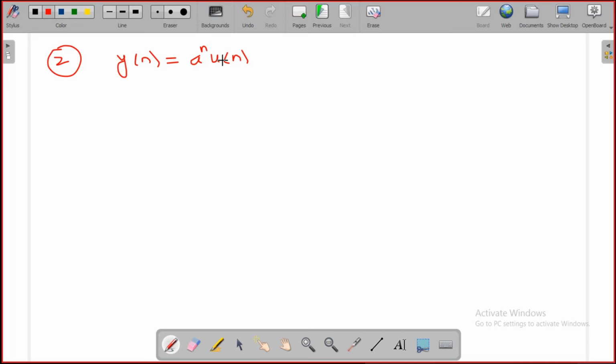All of you try this: y of n equals a power n into u of n.